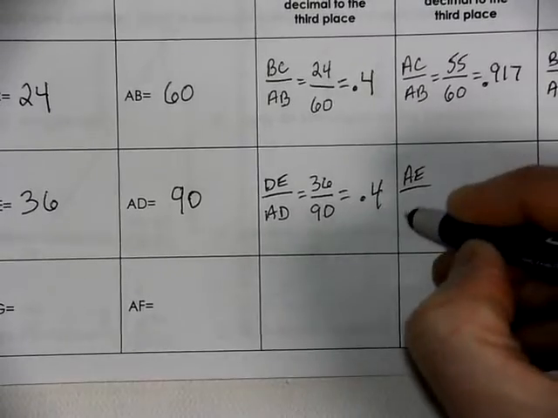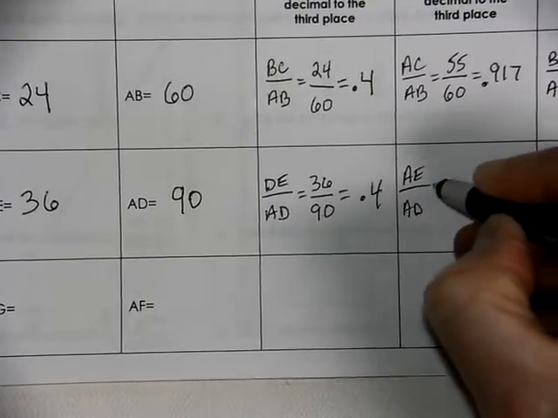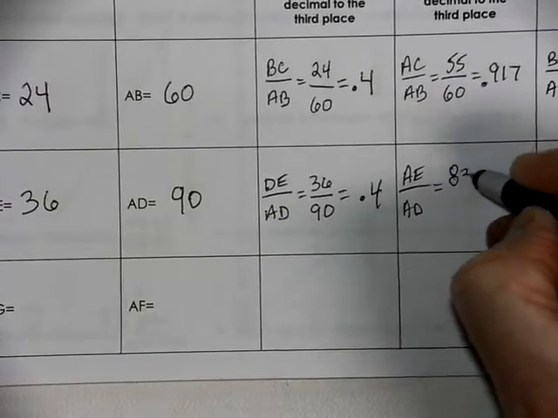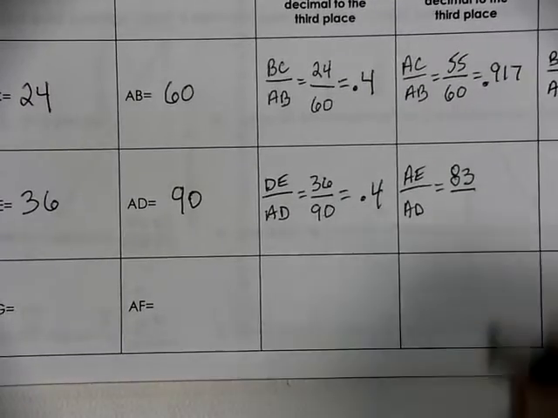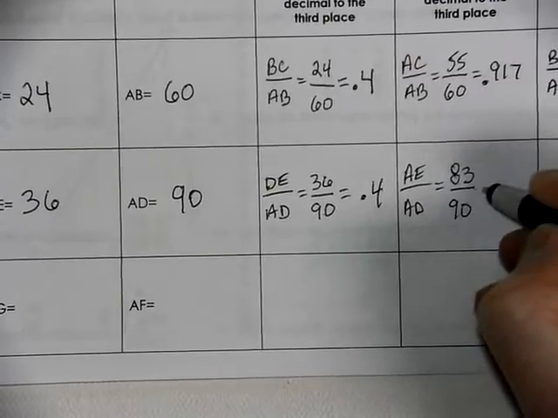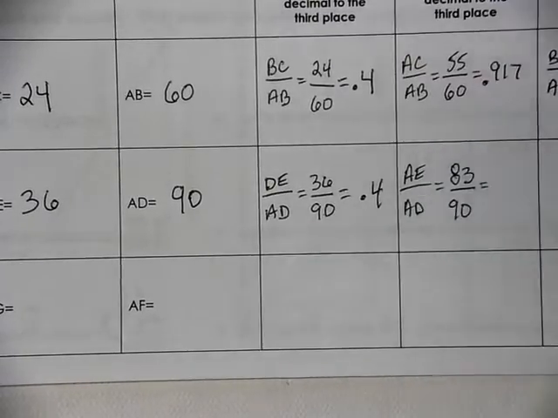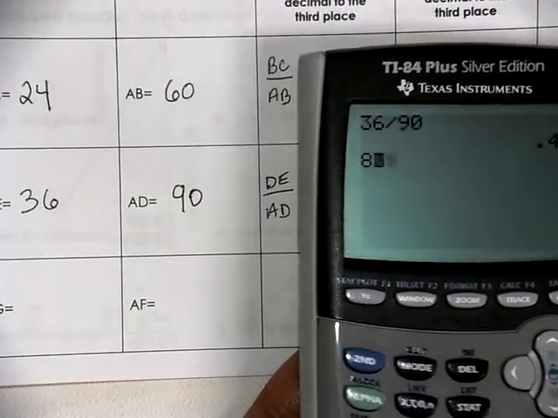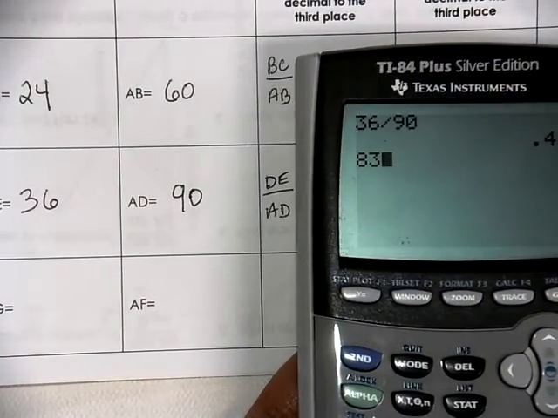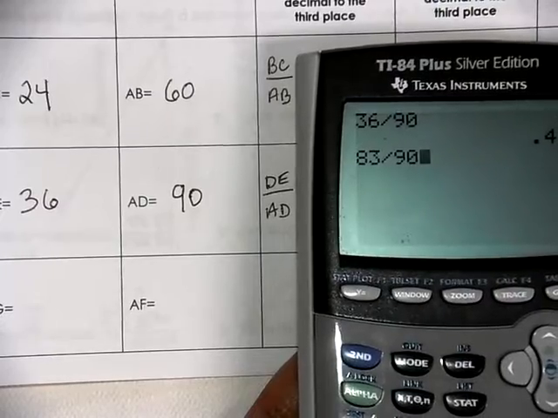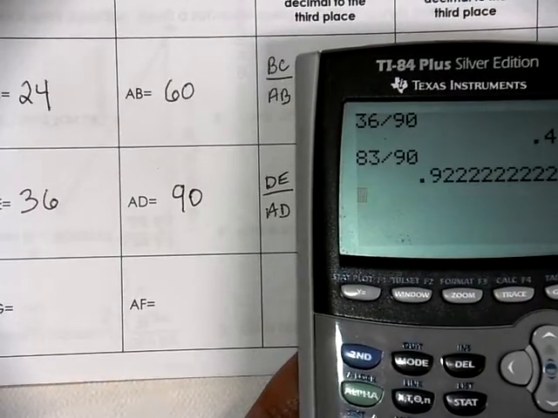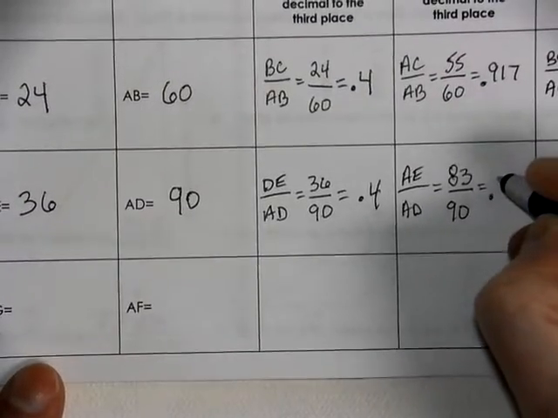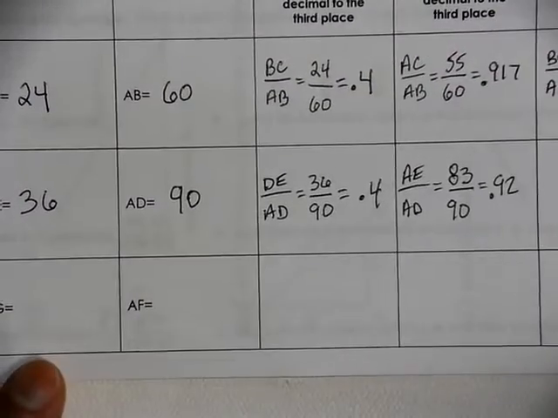The adjacent side, which would be AE. The hypotenuse, which is still AD. AE was 83. AD was 90. 83 divided by 90 is 0.922. 0.92.